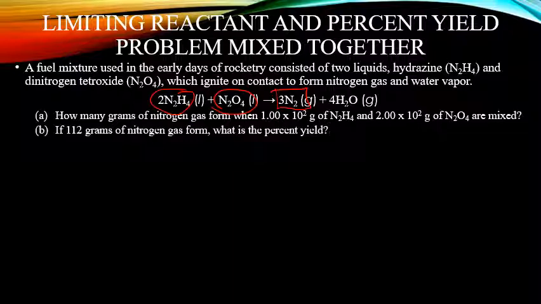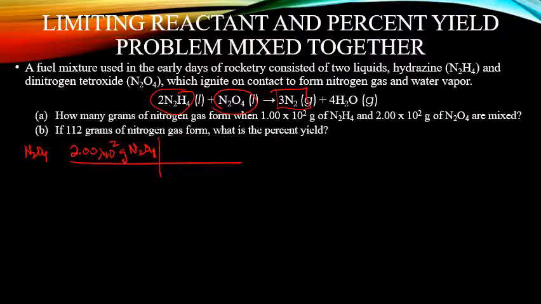So to start off with, if I look at the N2O4, I have 200 grams of that, so 2.00 times 10 to the second grams of the N2O4. And we need to convert that into moles. So 1 mole of N2O4 should be 92.02 grams of the N2O4.